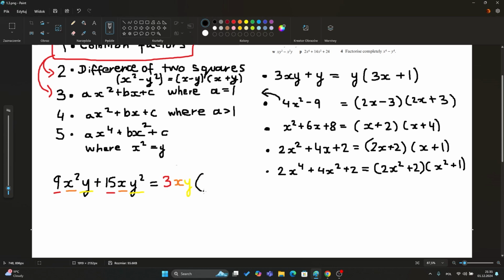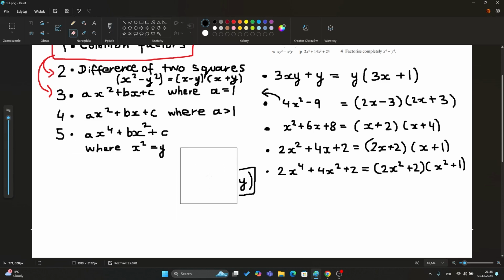And here we write the rest. So what multiplies by 3xy to get 9x squared y? Well, this is 3x. And something multiplied by 3xy to give 15xy squared. That will be 5y, since x is already there. So that's how you get to the factorization for this question.